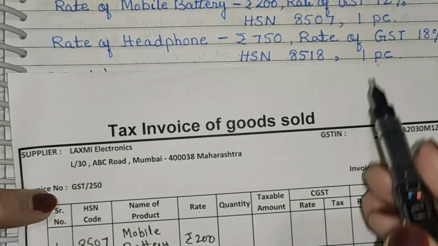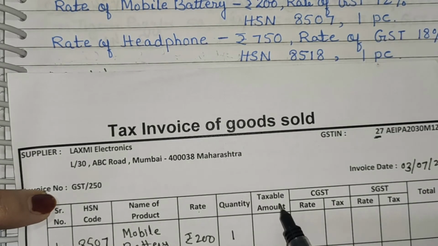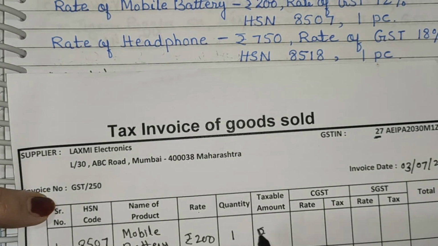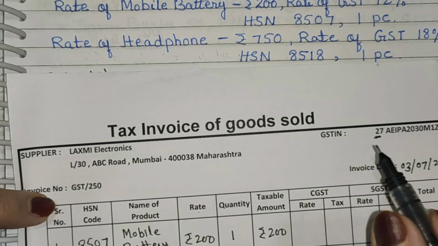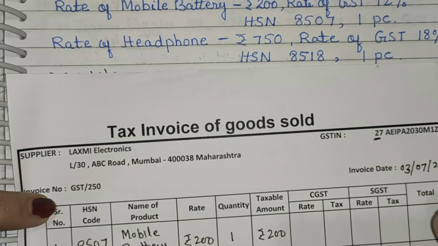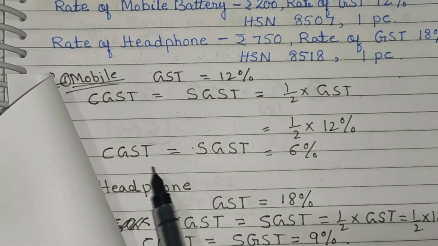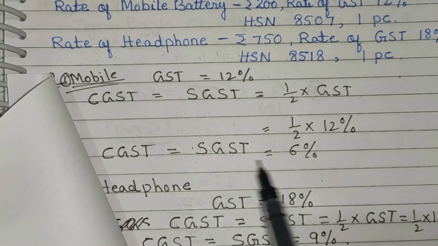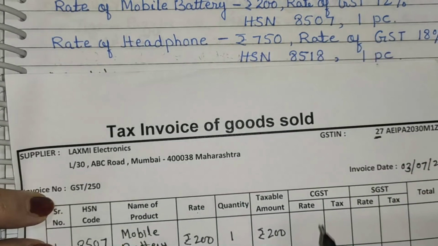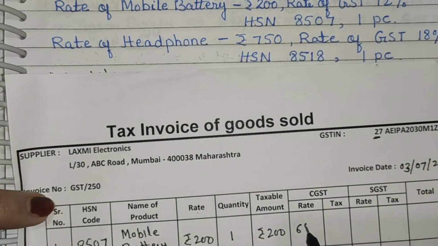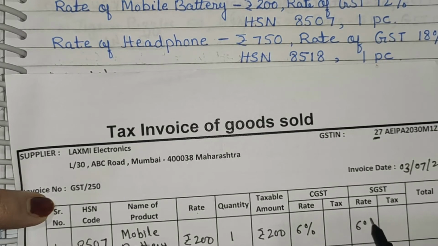Quantity is 1 piece. Now the taxable amount is rupees 200. Now the rate of GST is 12. Now we know that CGST and SGST both are 6%. Therefore rate of CGST is 6%, and rate of SGST is also 6%.